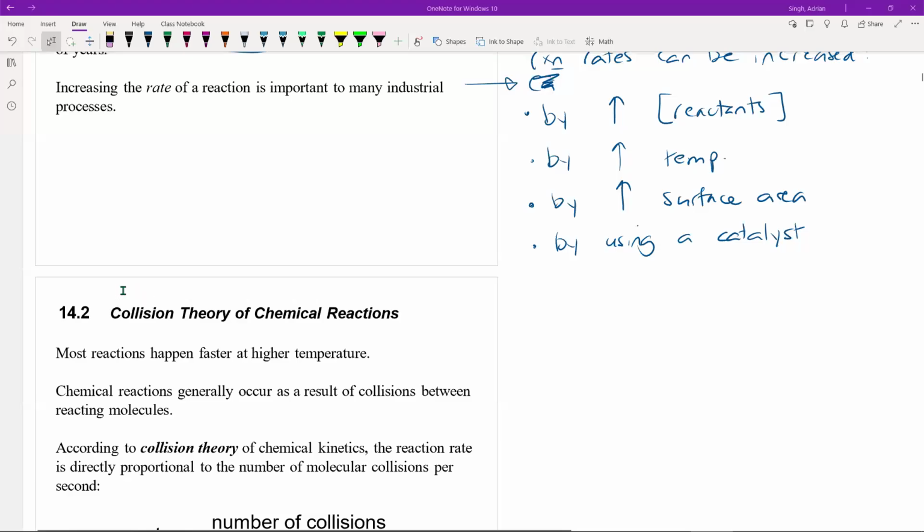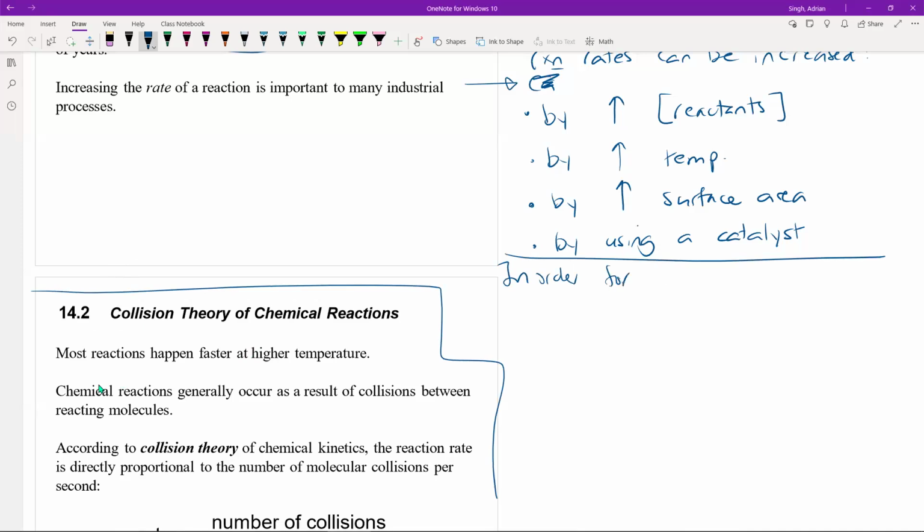So we can approach chemical reactions and the rates of chemical reactions by invoking different aspects of what's known as the collision theory of chemical reactions. Essentially, this is based upon several different things.